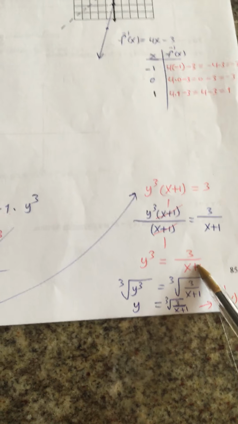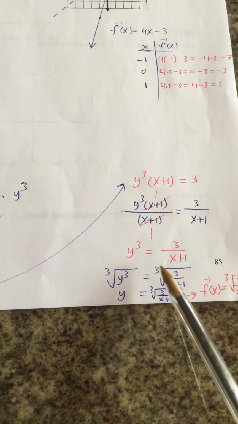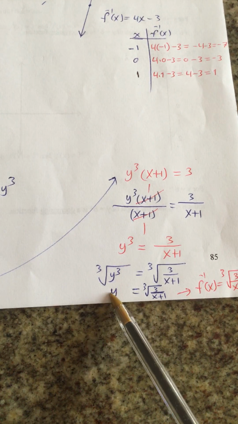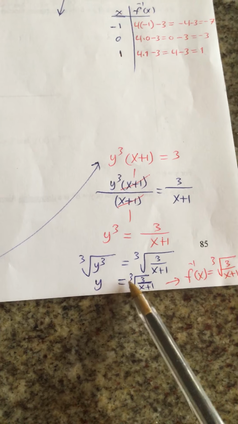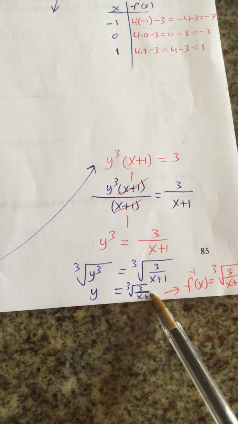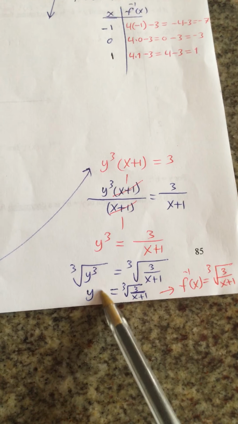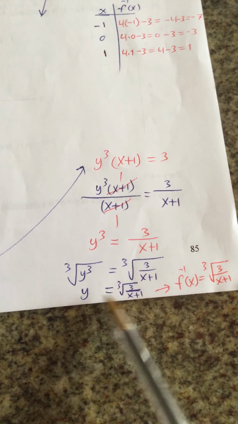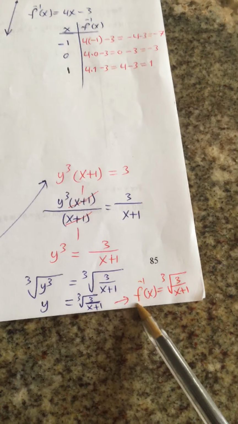Now, to solve this equation for y, take the cube root of both sides. The cube root of y cubed equals y, or divide the power by the index, so 3 divided by 3 is 1. So y equals the cube root of 3 over x plus 1. Now, replace y with f inverse of x. So this y is f inverse of x.